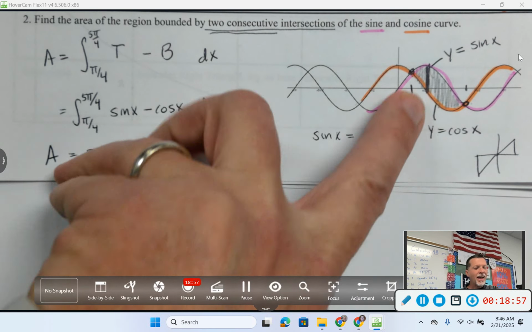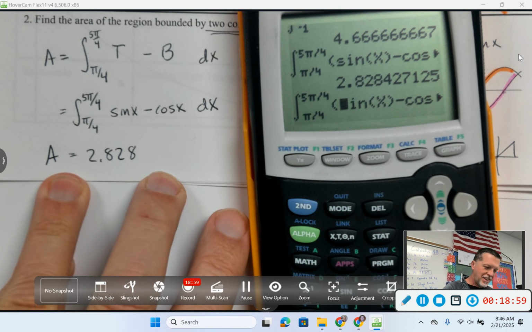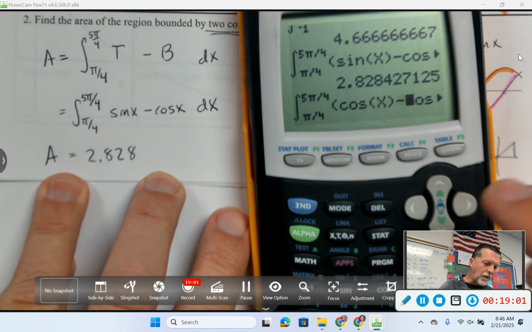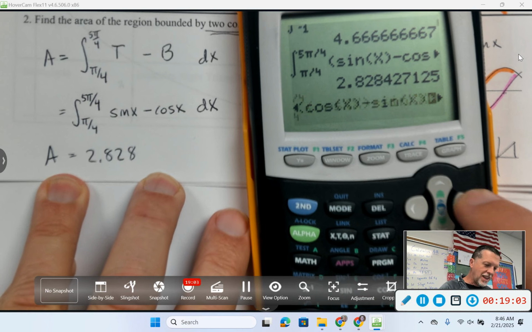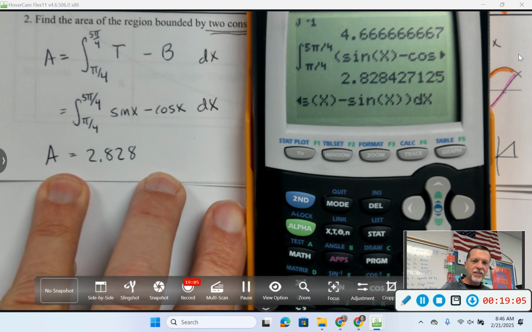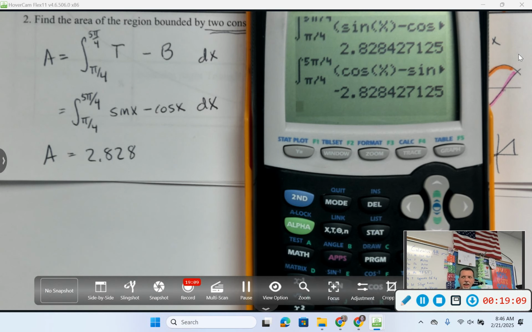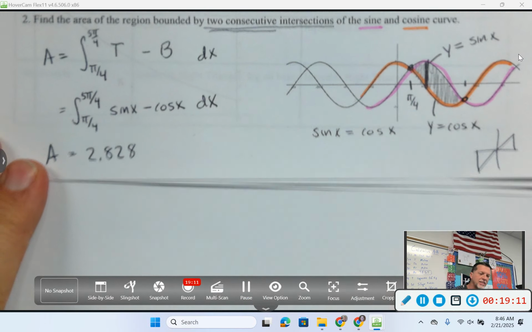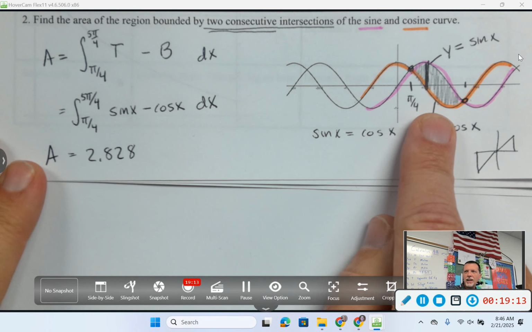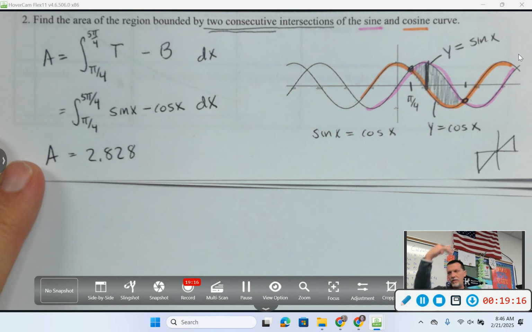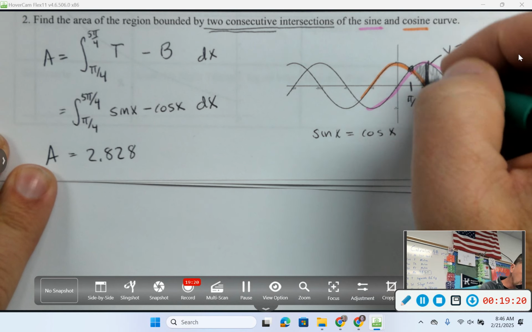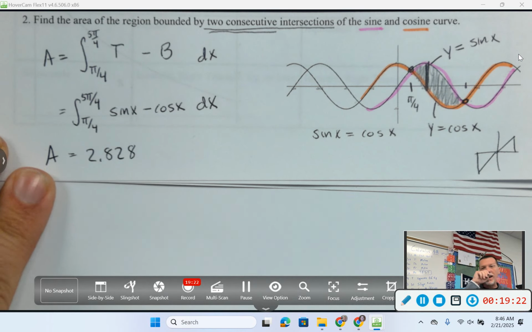That's not what happens, but if I did cosine minus sine, so say I got them backwards, it ends up being negative. That should be a red flag because areas aren't supposed to be negative. So this is not the thing where, if it's below the axis, it's negative. We're talking about actual area should not be negative.